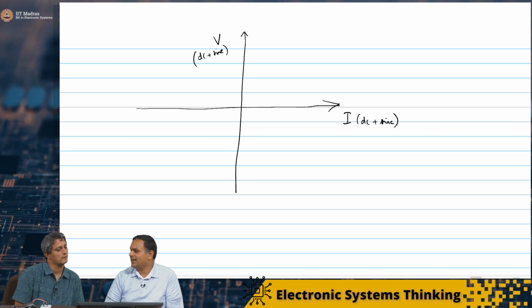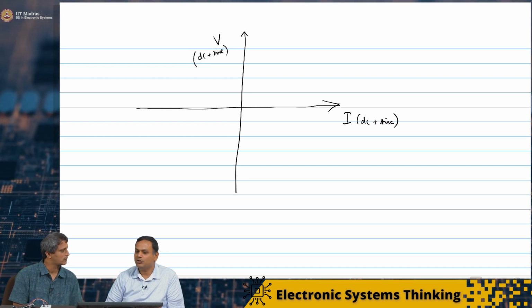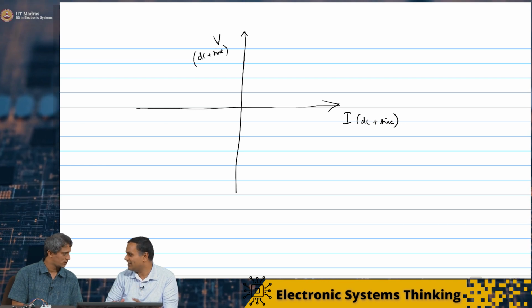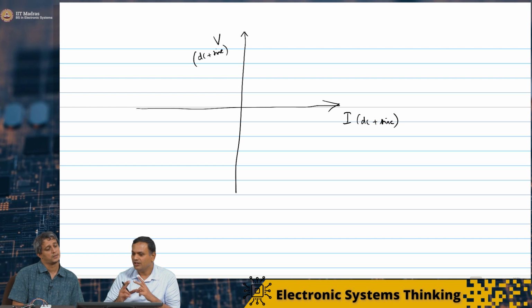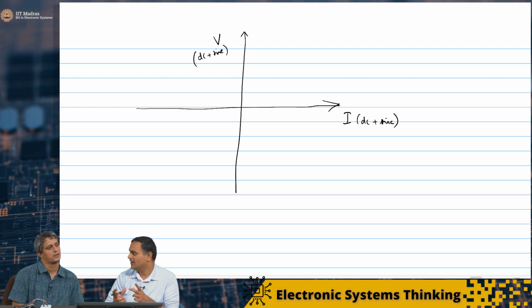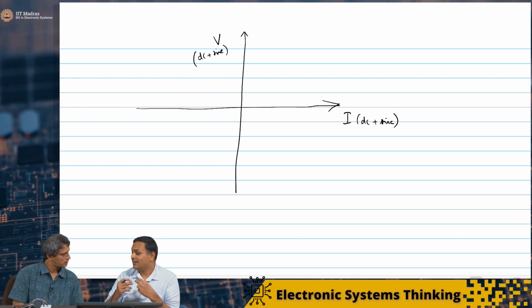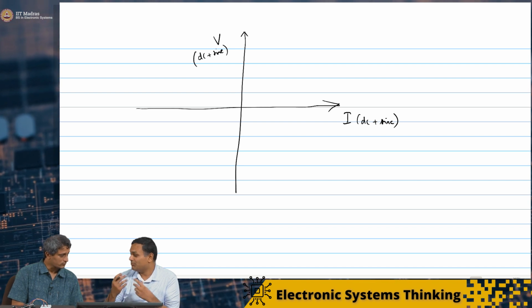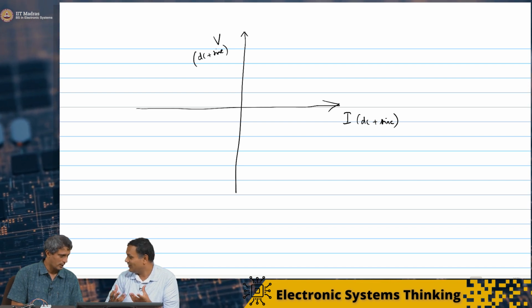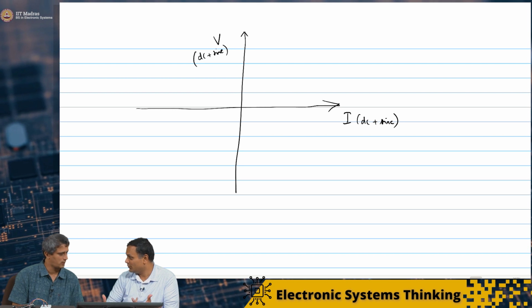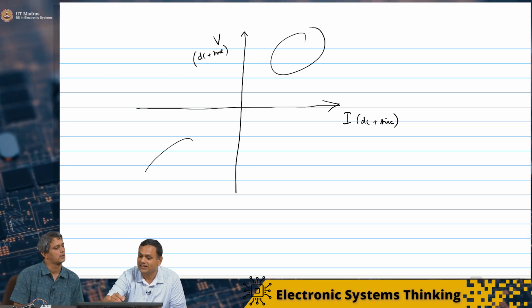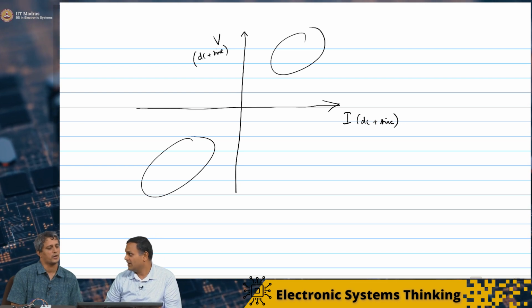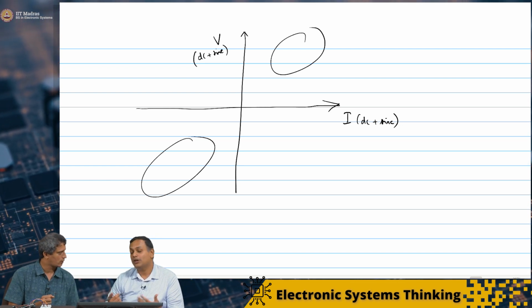So if you take the amplifier and imagine that you are plotting the instantaneous value of voltage and current, you should imagine that the amplifier has no battery inside, no electrochemical energy being produced. So you should imagine that it is somehow operating in the first or third quadrant, that it is only absorbing power.